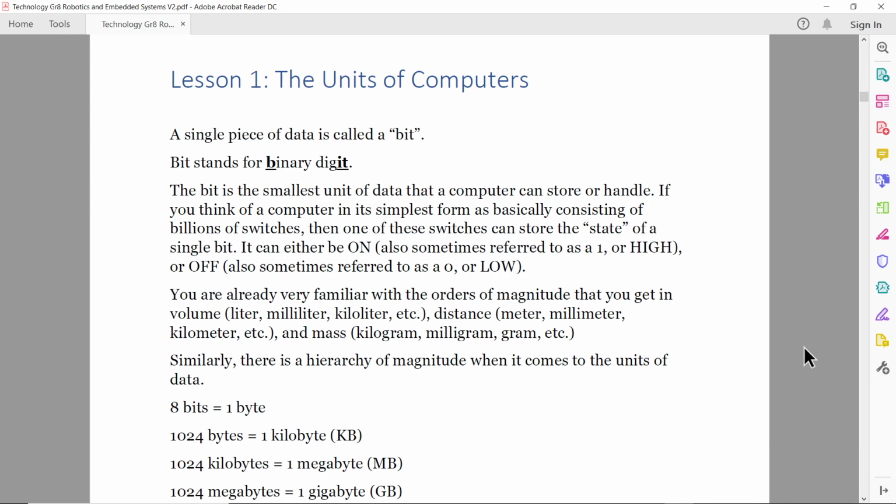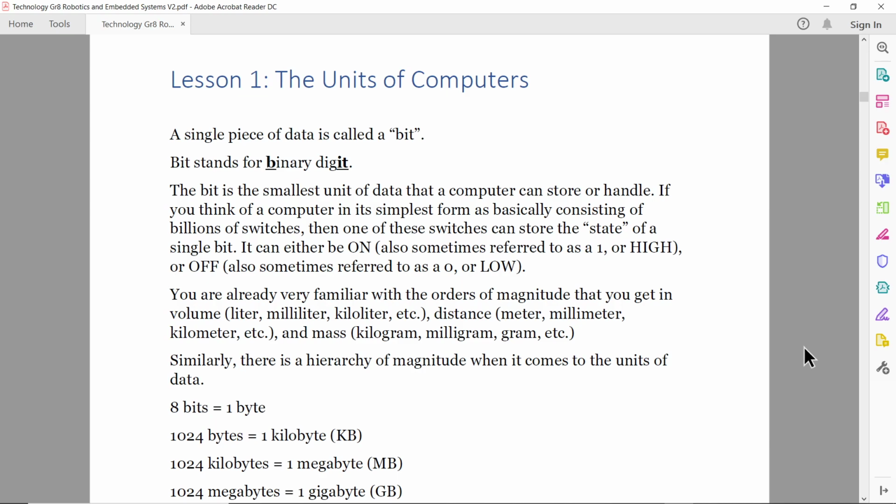Remember, computers don't count in numbers like we do. They just count in 1s and 0s. They work in binary. In other units of measurement, we get these orders of magnitude.